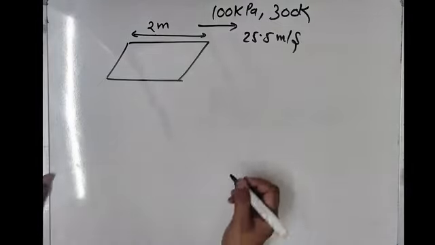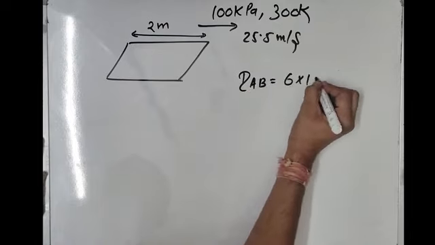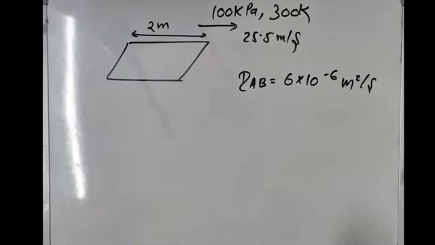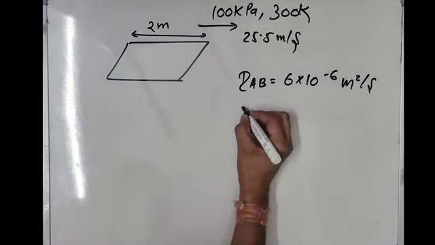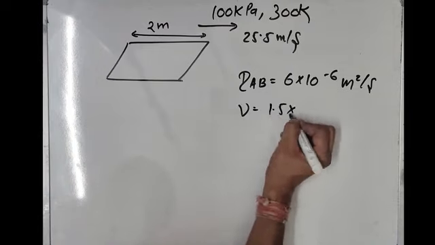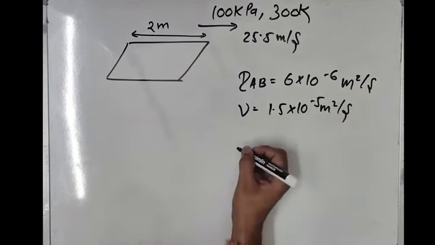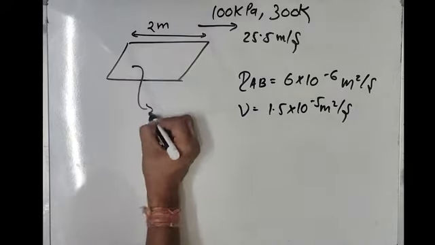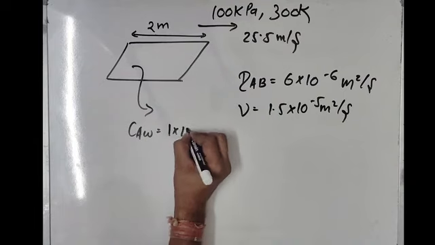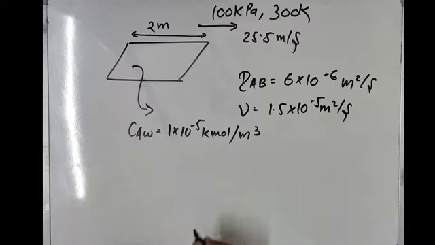The mass diffusivity of naphthalene in vapor is 6 into 10 to the power minus 6 meter square per second. The kinematic viscosity is 1.5 into 10 to the power minus 5 meter square per second. The concentration of naphthalene on the surface is 1 into 10 to the power minus 5 kilomole per meter cube.